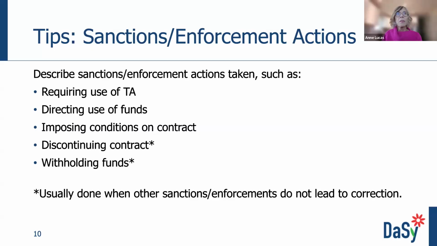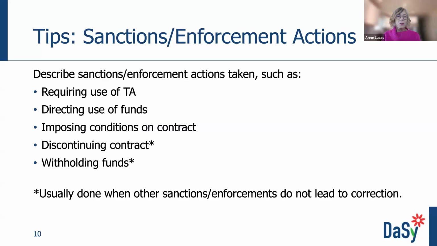And then the last 2 points on the slide are things that are further down the line. If the things that you're working on with them aren't working, there could be an actual discontinuation of the contract or a withholding of funds.